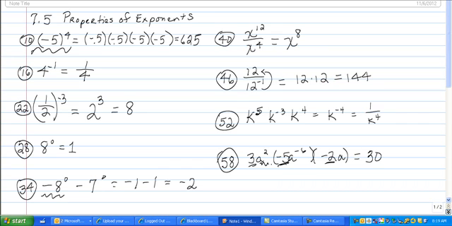Multiplying the a's, we can add the exponents, we get a negative 4. Remember, this implies a 1, so negative 4 plus 1 would be negative 3, and that's 1 over a cubed. We can think of that as 30 over 1, so we get 30 over a cubed.